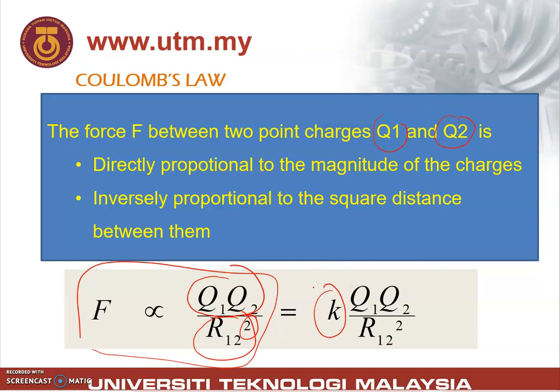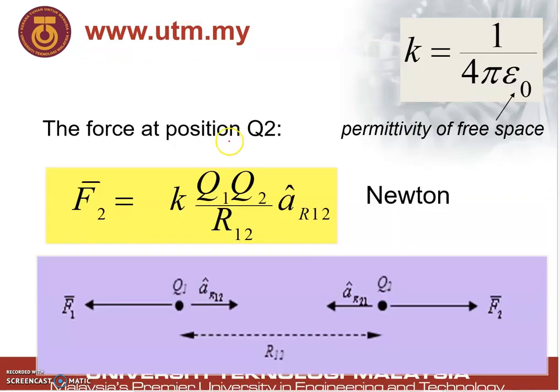The force at position Q2, the vector force F2 acting upon charge Q2, is equivalent to K Q1 Q2 over R from 1 to 2, with a square here, sorry, I missed it, and in the direction of the unit vector from 1 to 2.